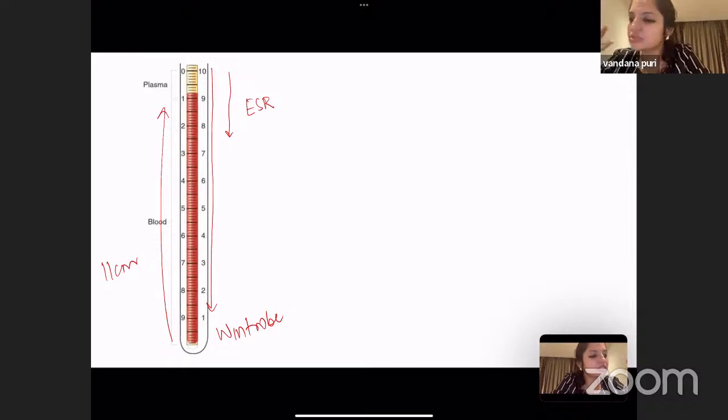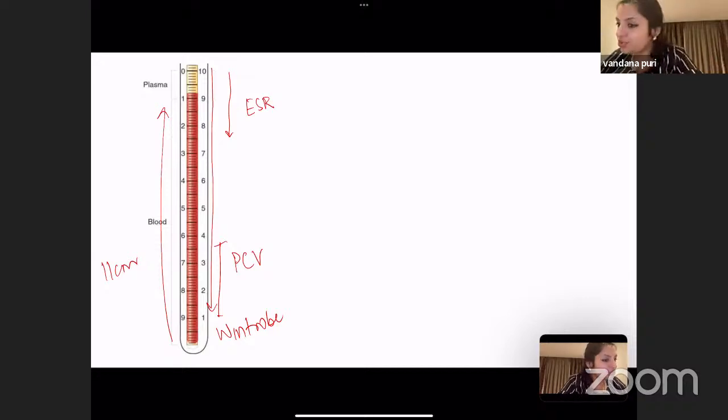Apart from that, because it's a smaller tube, you can centrifuge it. And you already know, whenever we centrifuge a tube with an anticoagulant, 3 layers are formed: RBCs, buffy coat, and the plasma. So the packing of the red cells can be seen, how much the red cells are packing, and that gives you PCV. So you can see PCV and ESR both together in which tube? Wintrobe's tube, because it has markings from both sides.